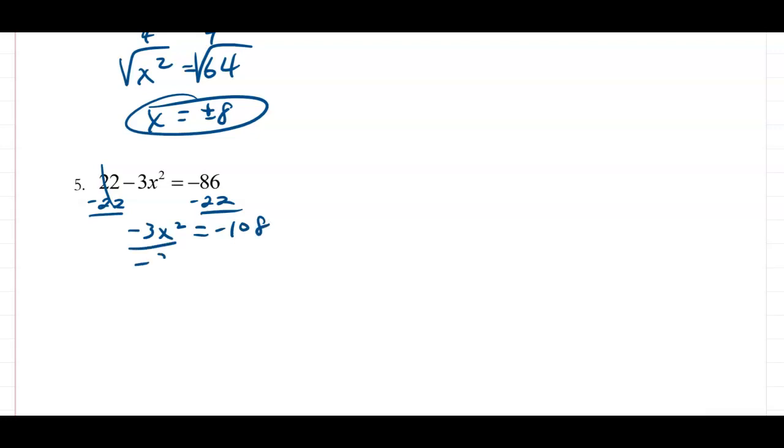And we'll divide each side by negative 3, the number multiplying x squared. The negative 3s divide to 1, leaving us with x squared is equal to 36. 3 times 36 happens to be 108. And now when we take the square root of both sides, we're going to get x is equal to plus or minus 6.